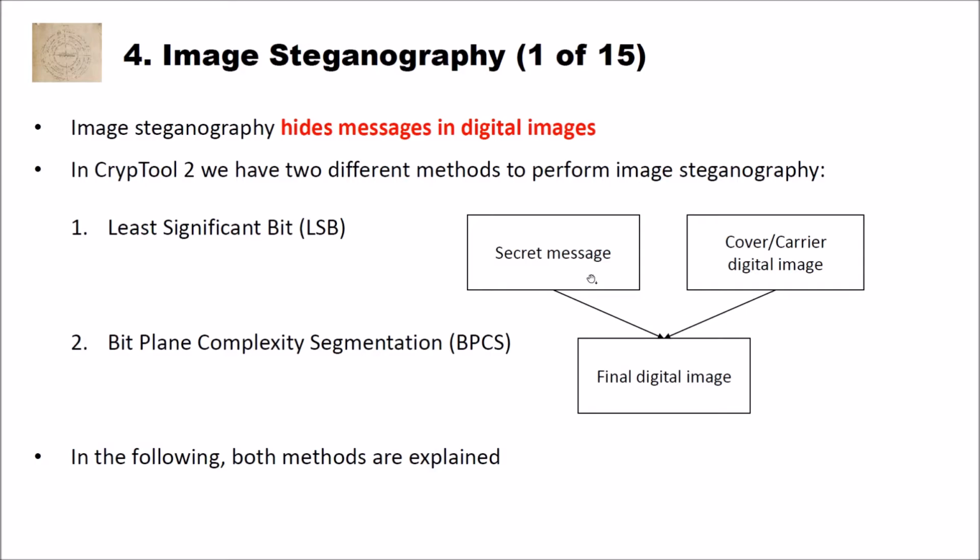They hide the secret message in this cover image to create a final digital image. You could send this digital image to the receiver, and then the receiver can extract the secret message out of it. In the following, I want to show you both methods in detail.